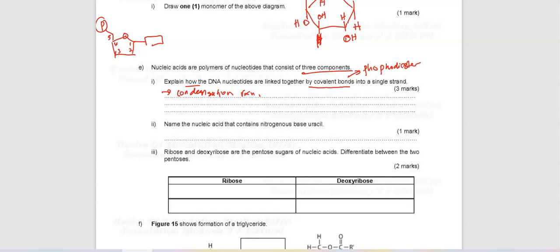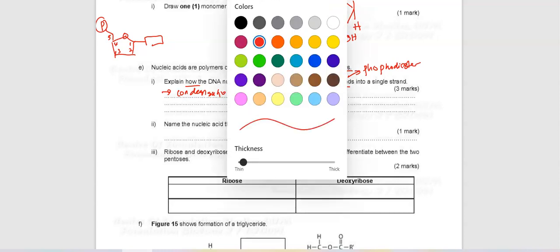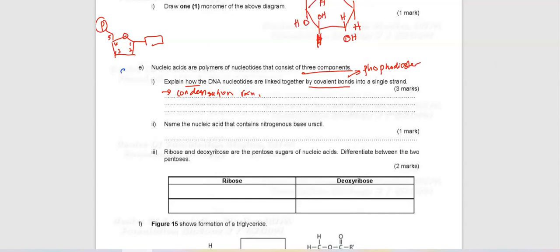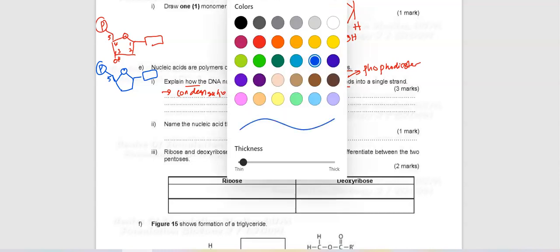In order to join to the next nucleotide, you know that phosphate is attached to carbon number 5. At carbon number 3 of the previous nucleotide it has hydroxyl. So in the reaction of condensation, this hydroxyl group has to be removed.